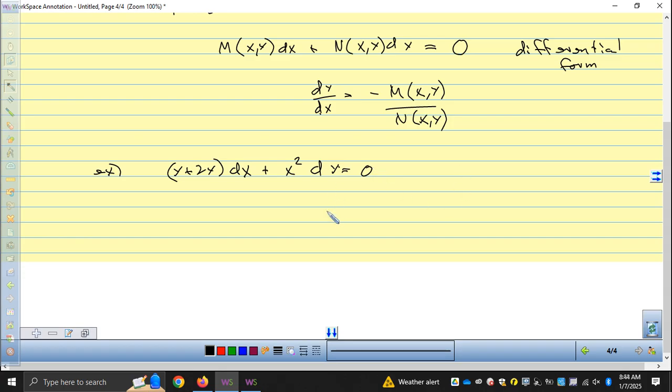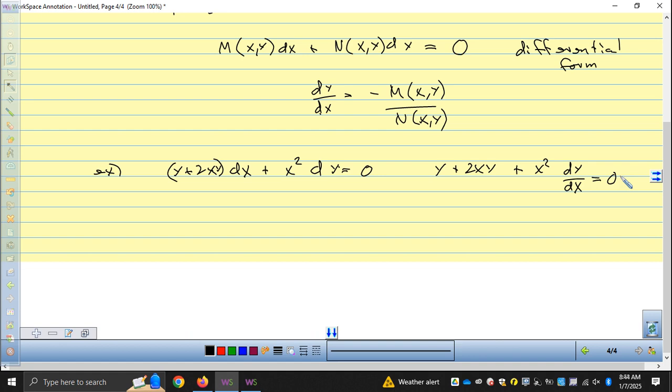If I divided everything by dx, I could rewrite this as y plus 2xy plus x squared dy dx equals 0. That's another way we would see this same equation written. Just divide everything by dx.